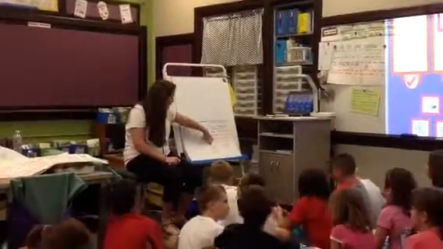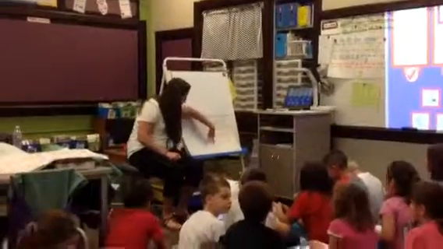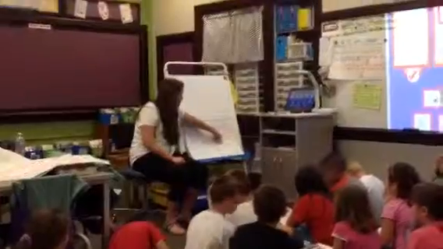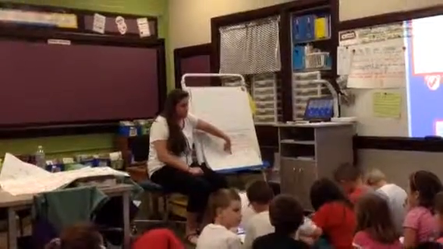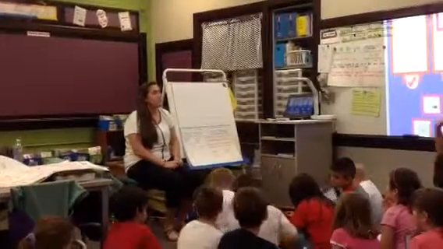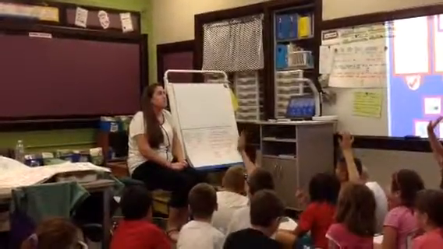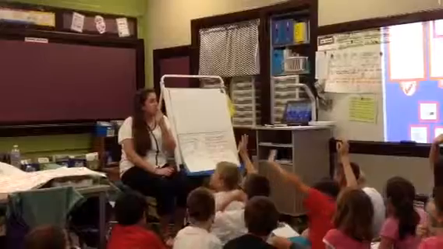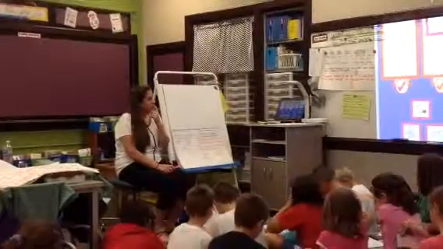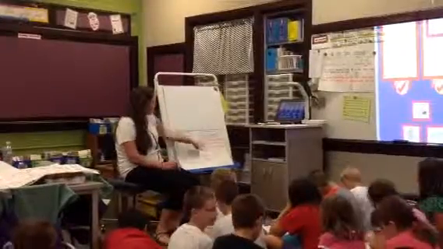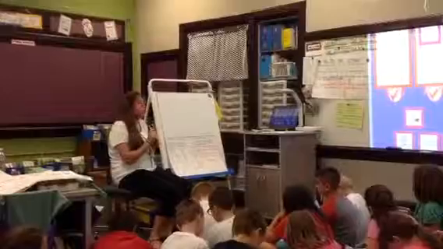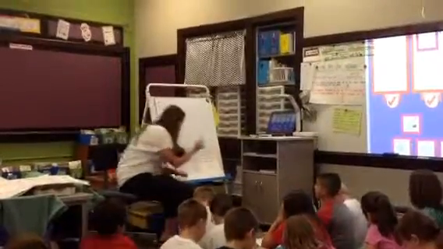What about in a long vowel word? How many do we see? 2. Kobe, how many do we see in a long vowel word? 2? Okay, I'm going to do one last word. Brandon, what's one last word? Seed. And which does it go in, long or short? Long, because you can hear which letter? E.